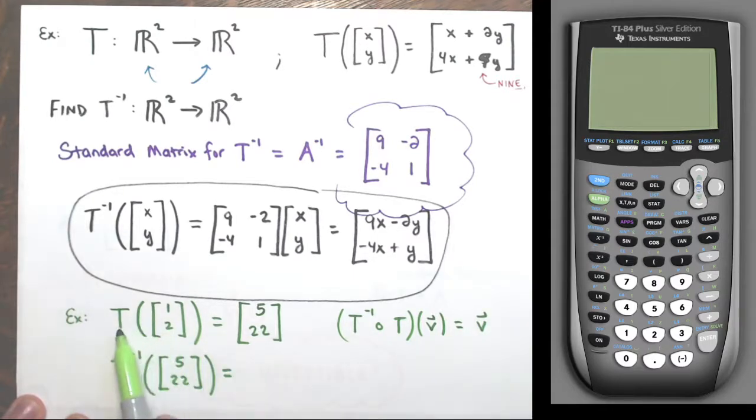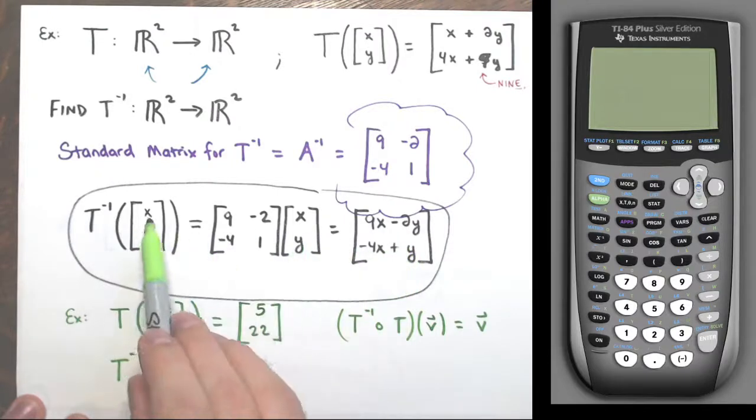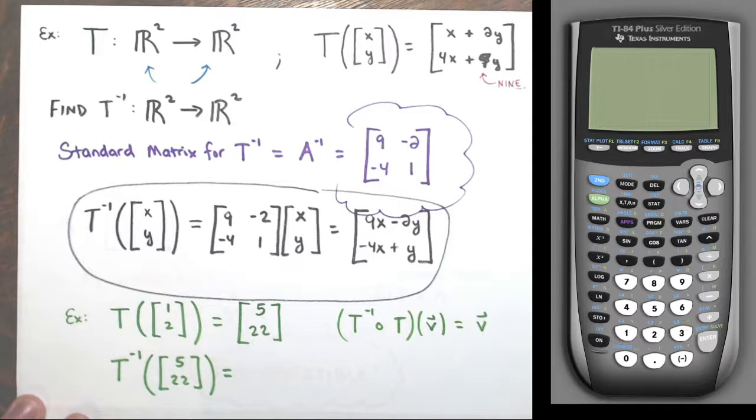T mapped 1, 2 to 5, 22, so T inverse should map 5, 22 right back to 1, 2. Here's T inverse, and I'm just going to replace x and y with 5 and 22. First component: 9 times 5 is 45, minus 2 times 22 is 44, so 45 minus 44 is 1.